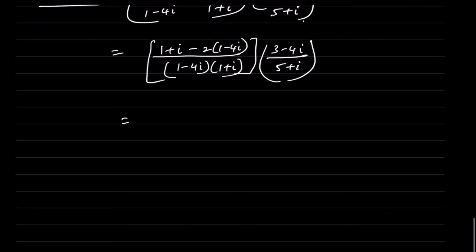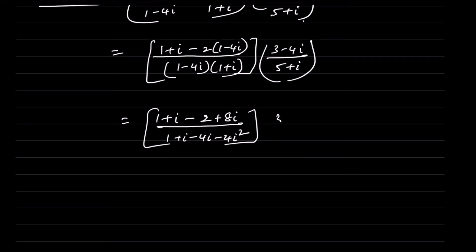So this is equal to 1 plus i minus 2 plus 8i divided by 1 plus i minus 4i minus 4i square, into 3 minus 4i by 5 plus i.